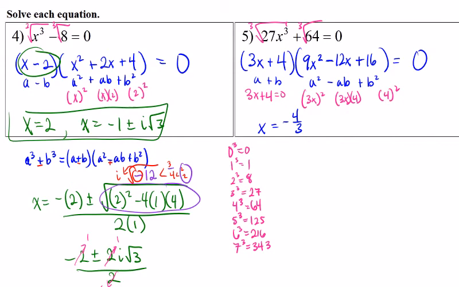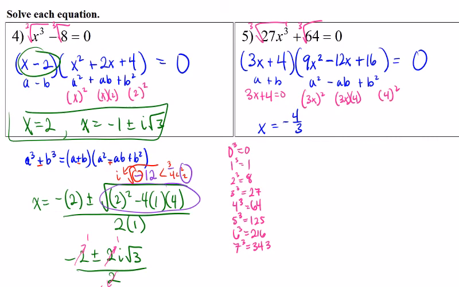I'm not sure. So I'm just going to do the quadratic formula with this because I'm just not sure if it factors. I don't want to waste time going through all that when I could just do the quadratic formula. So I'm going to plug all this in.